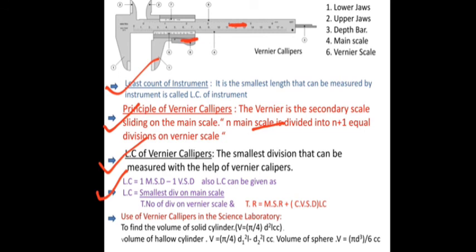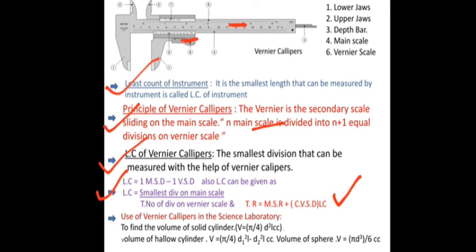Second formula, which we have used in the laboratory: LC is equal to smallest division on main scale divided by total number of divisions on vernier scale. For measurement of any diameter or volume of an object, we use this formula: Total reading TR is equal to MSR plus coinciding vernier scale division times LC.